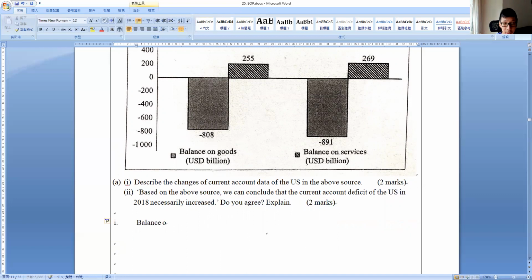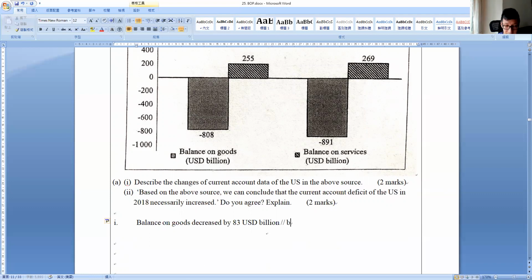Balance on goods: negative 808 becomes negative 921, right? Decreased by how much? 921 minus 808, by 113... decreased by 83 US dollar billion.